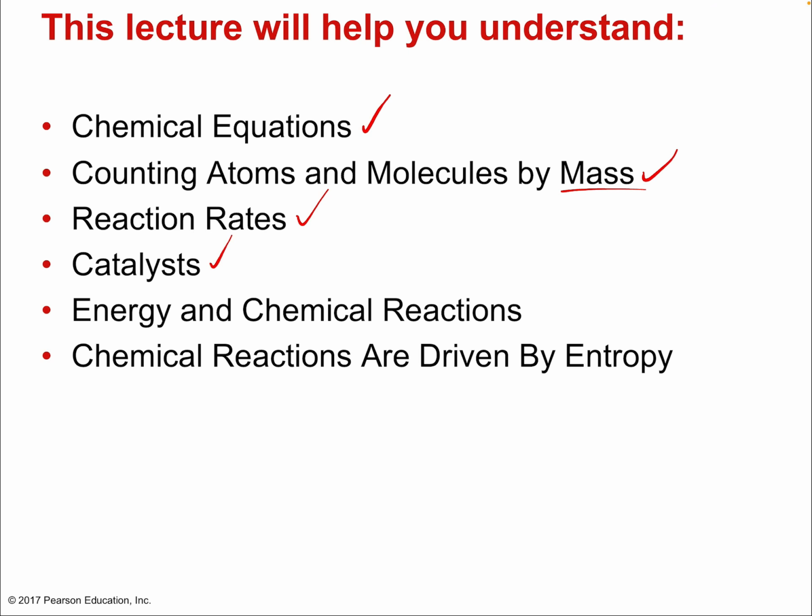Then we'll talk about energy and chemical reactions. In other words, chemical reactions that produce energy and chemical reactions that absorb energy. Okay, so certainly there's a numerical side of that, and we just got to make sure that we're clear on what it means to produce energy, what it means to absorb energy, because that can be a little tricky, but I think I'll be able to clear that up for you. And then we'll talk about how chemical reactions are driven by entropy, which takes us way back to the second law of thermodynamics.